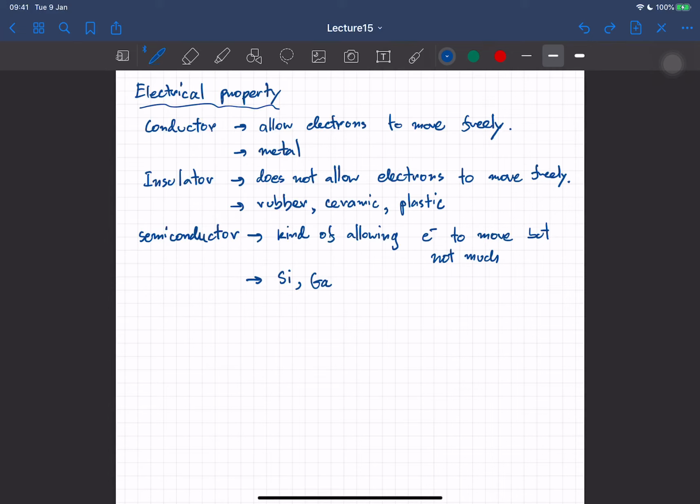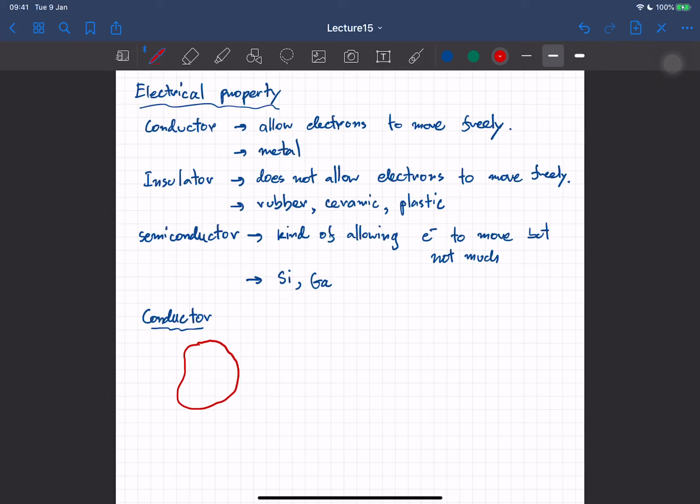Okay, so most of the time in our course, we're going to talk about either a conductor or an insulator. There are a few implications attached to being a conductor or an insulator, so I'm going to talk about them now. A conductor, again, is something that electrons can move around freely in.